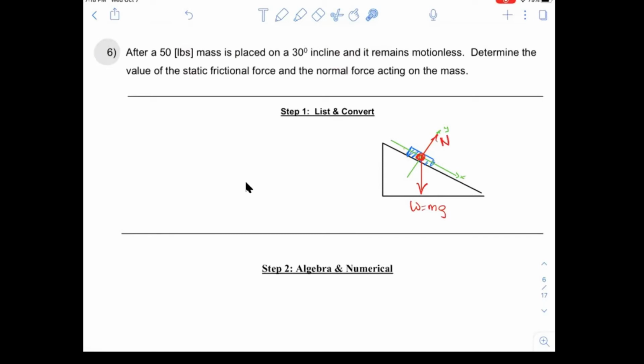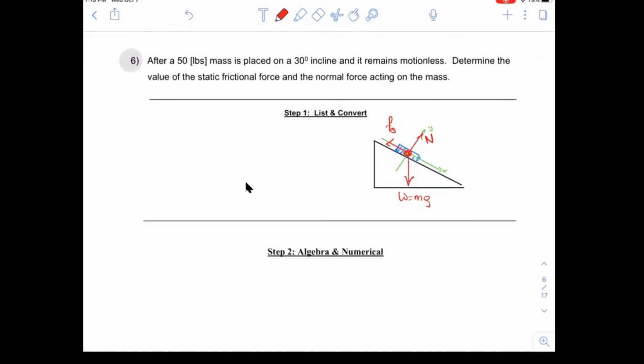Obviously, because of gravity, it would normally slide in this direction, but it's not able to slide in that direction. So this motion is going to be counteracted by the frictional force. The static frictional force is going to be acting on it in that direction.